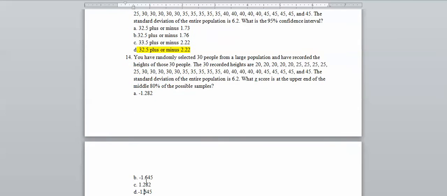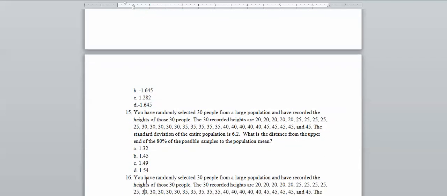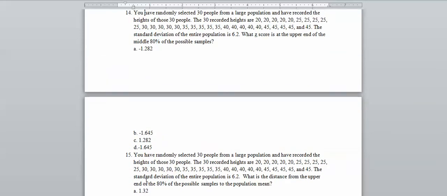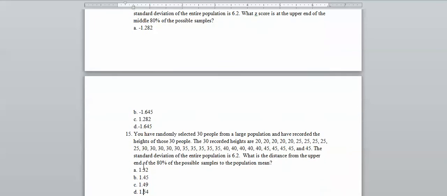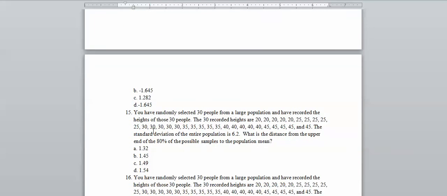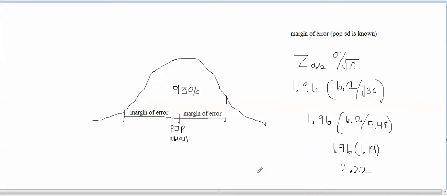14, 15, and 16 are another series of questions just like 11 to 13. The only difference is you're going to be creating an 80% confidence interval, which means we would go to the table, we would go to 80%, we would get the number from the table, you would take that z-score, plug it into the margin of error formula, which I showed you here, to get the margin of error.